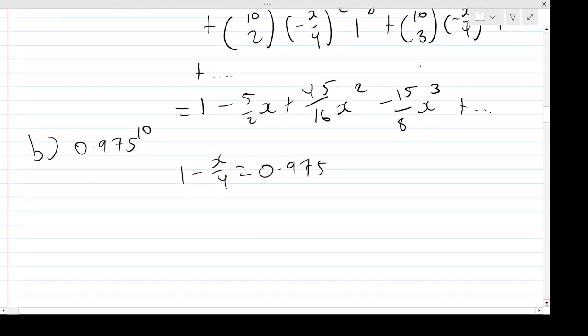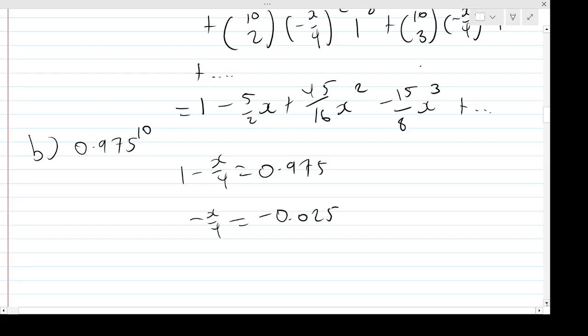So if I solve this then, actually no, I'll do it bit by bit. So minus x over 4, that's going to be 0.975 take away 1. That's going to be minus 0.025.